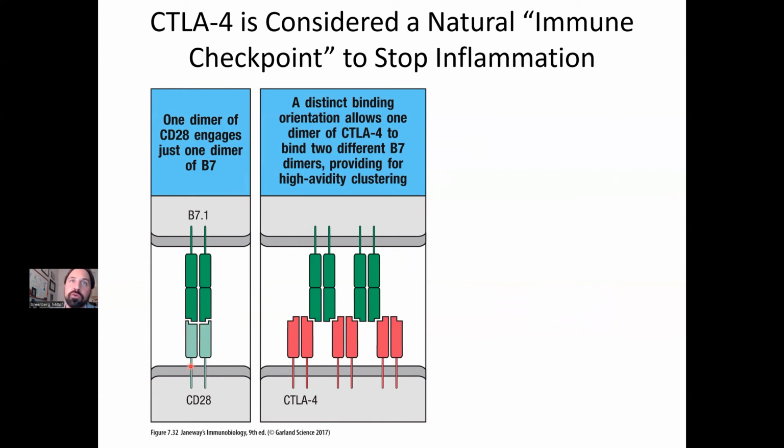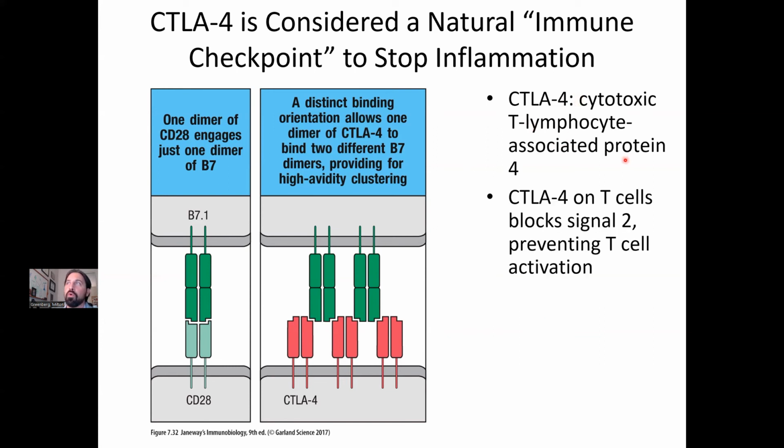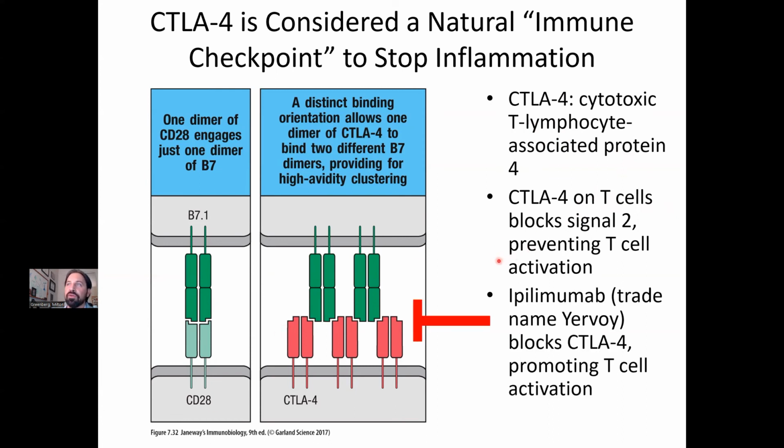But once the cell is turned on, it's going to make molecules. One of the molecules is going to be CTLA-4, and that CTLA-4 is going to act as an immune checkpoint, pumping the brakes, preventing too much inflammation that could be harmful to the individual. So CTLA-4 stands for cytotoxic T lymphocyte-associated protein 4. So CTLA-4 on T cells blocks this signal, preventing T cell activation.